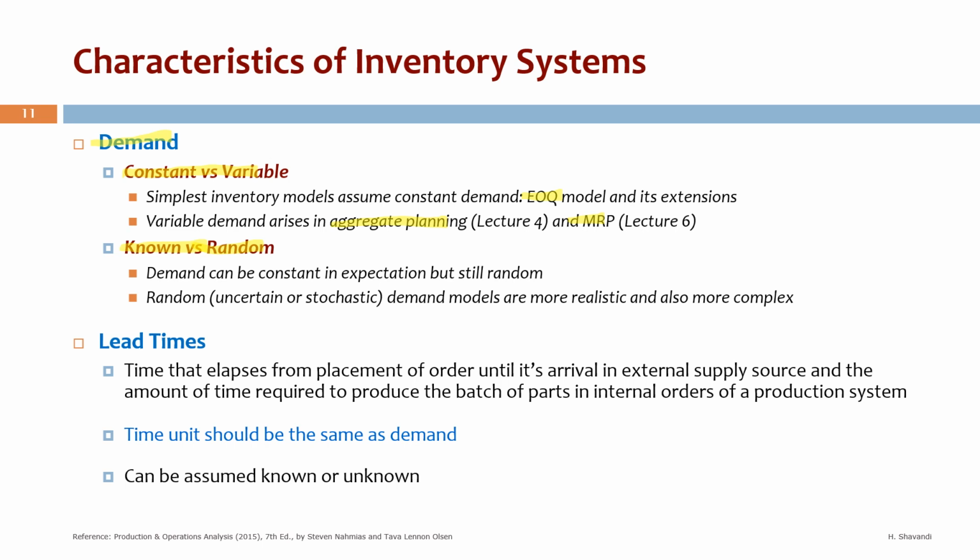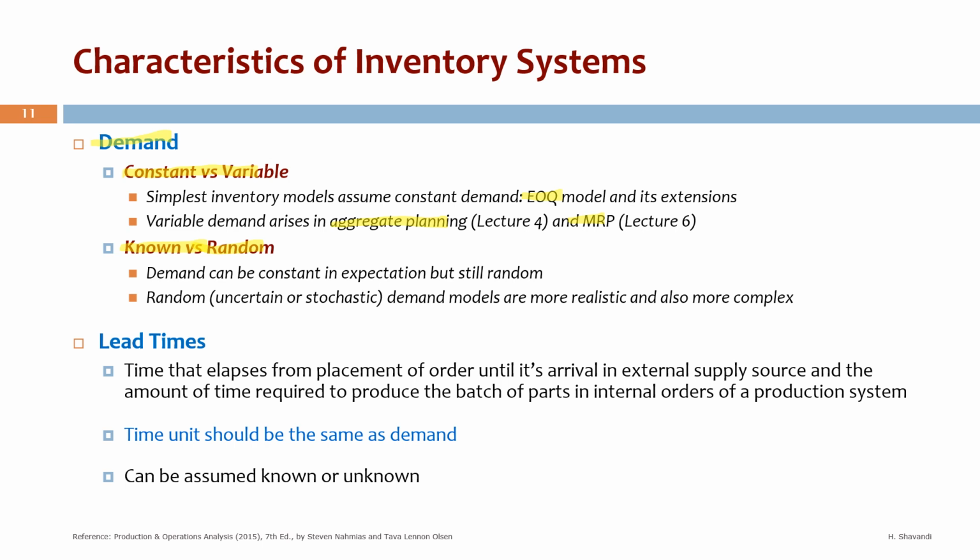Demand could be random, but we can assume that demand is constant in expectation. I mean, if we do have the expected value or the mean of the demand, we can assume that that's constant, that's known, and consider the demand as known by simplifying our model. We will cover this in the EOQ model in this lecture, and later we will have the random demand models.